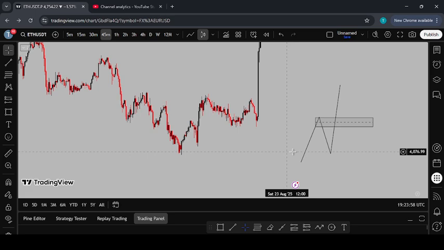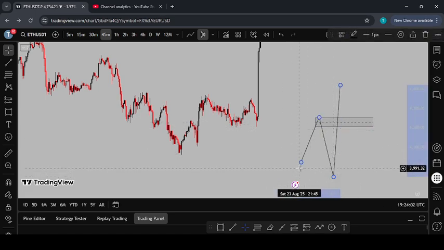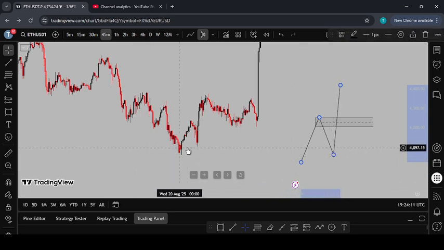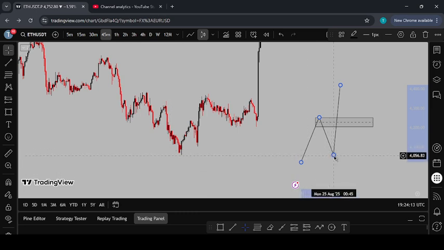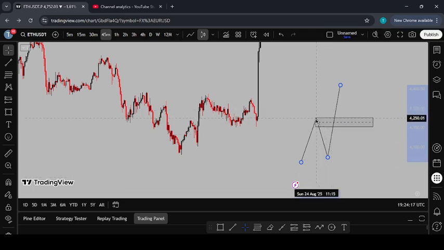You can see there is no break. This block did not break any structure that would make us call it a breaker. All it did was mitigate this previous order block. That's why it's called a mitigation block. It did not break, it mitigated.